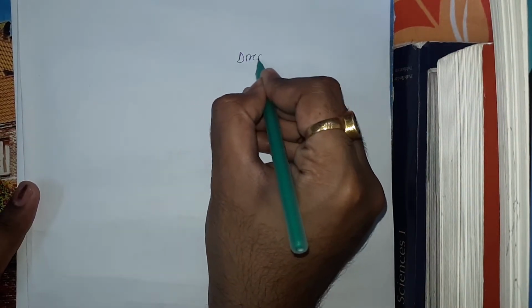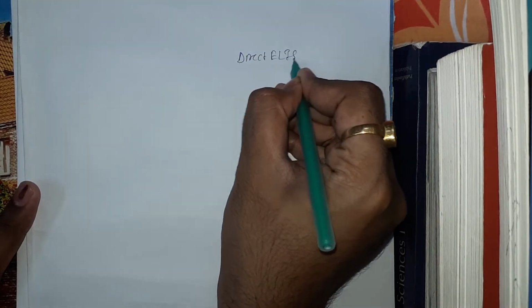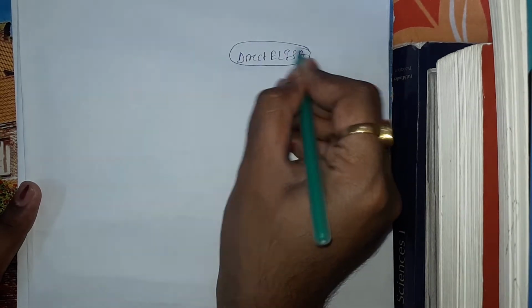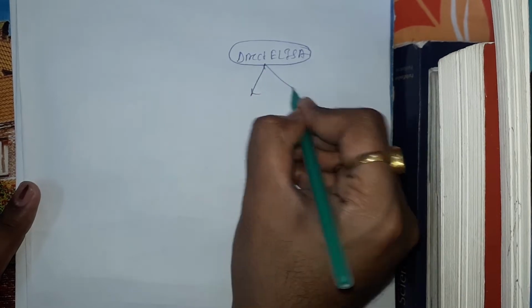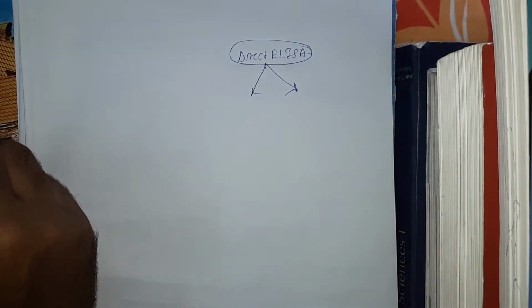So in this video tutorial we are going to continue our ELISA lecture series that we have talked about for a very long time. We are talking about direct ELISA, and we started this topic in the second video lecture of ELISA, where we talked about how direct ELISA has two main problems.